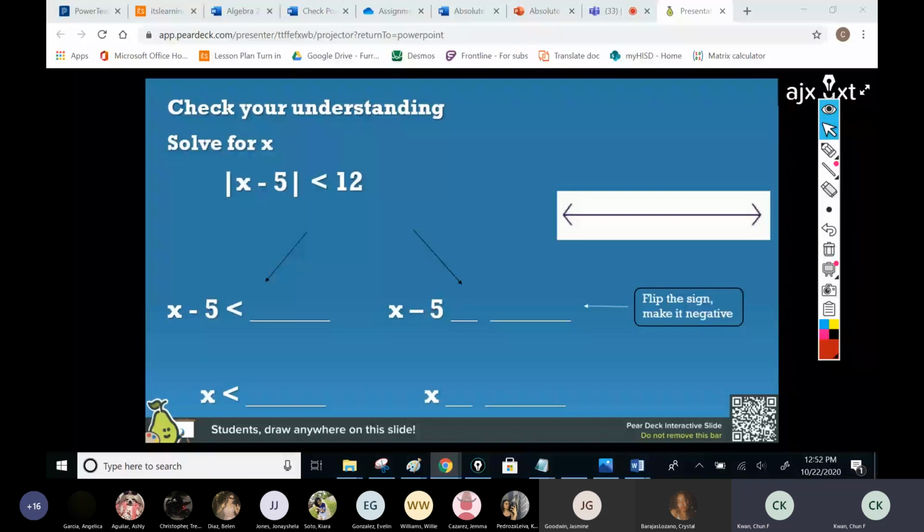All right, guys, I'm already seeing some of you forget to flip the sign, all right? Some of you guys forgot about flipping the sign on the right. When you are looking at the negative version of the answer, make sure you flip the sign as well, all right?